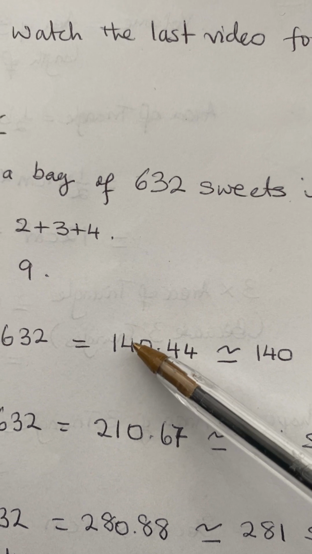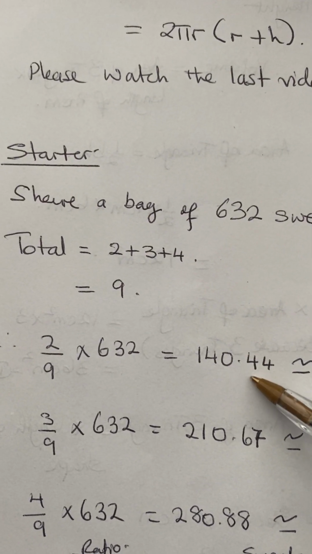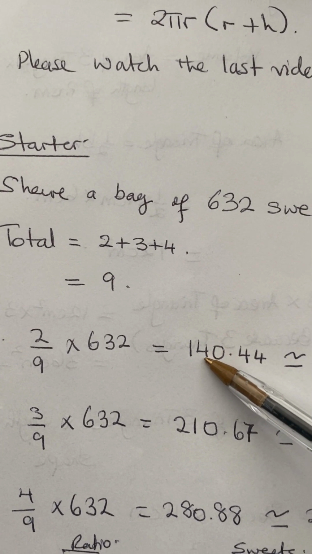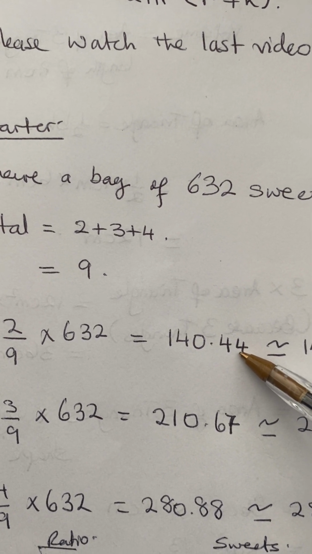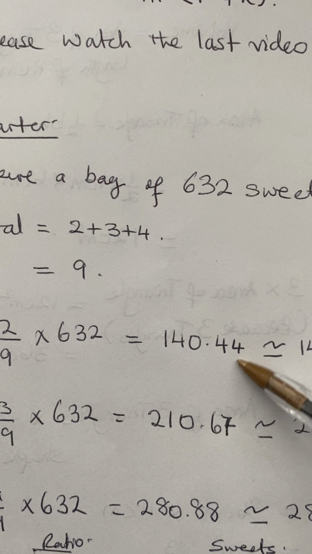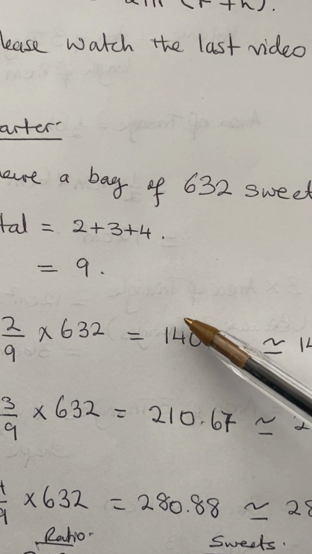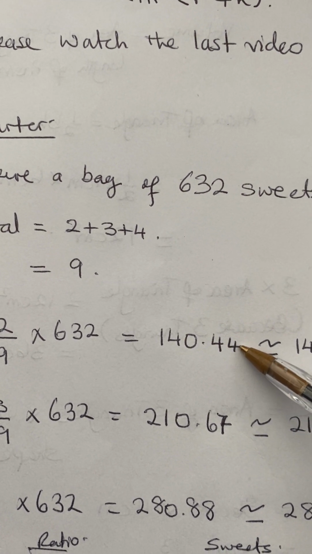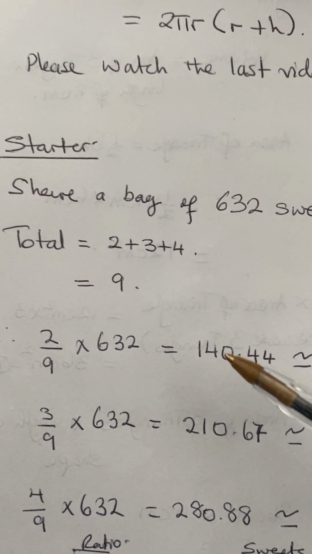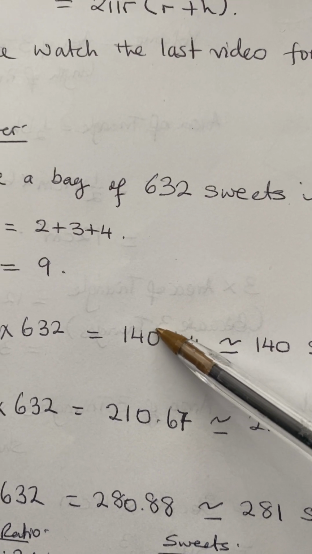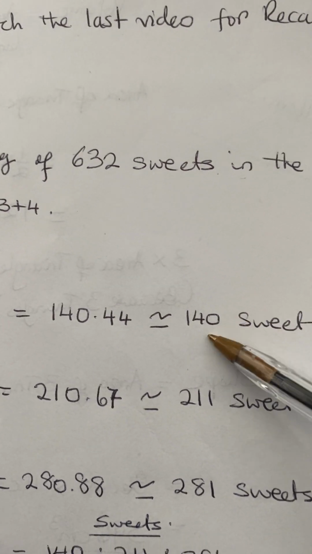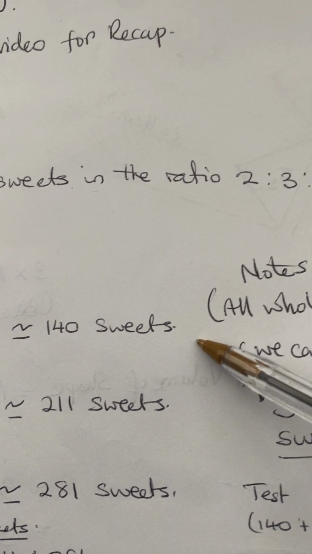And if you do it correctly on the calculator, you have 140.44. But these are whole sweets. You can't have 140.44 sweets. So the 2 portion to the nearest whole number will be 140 sweets.